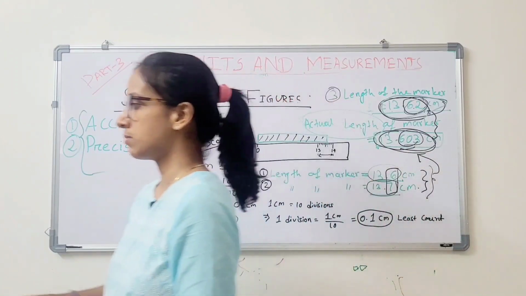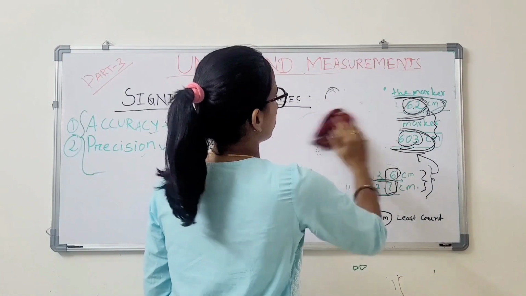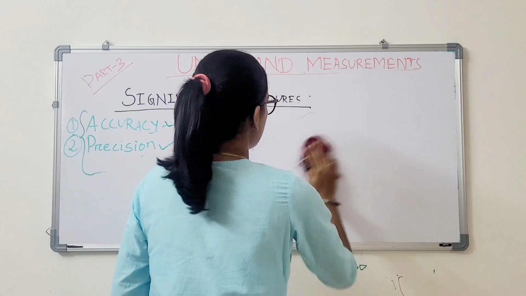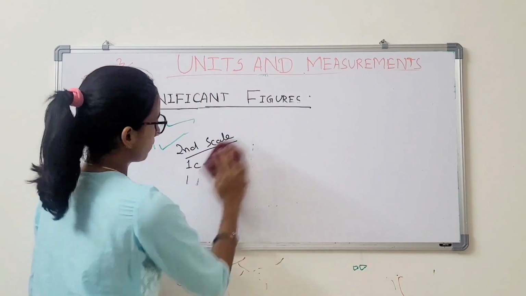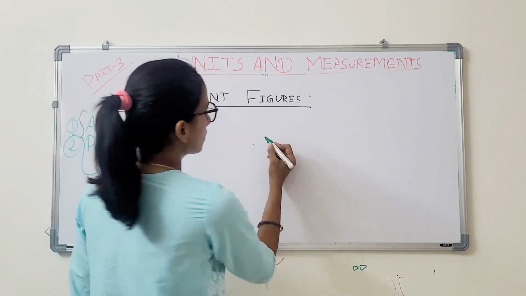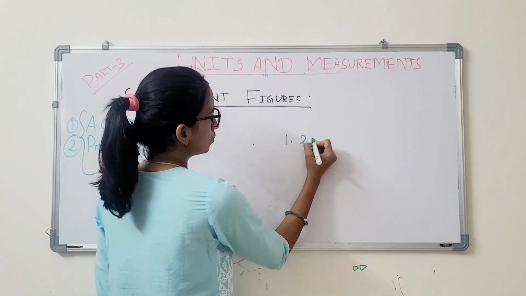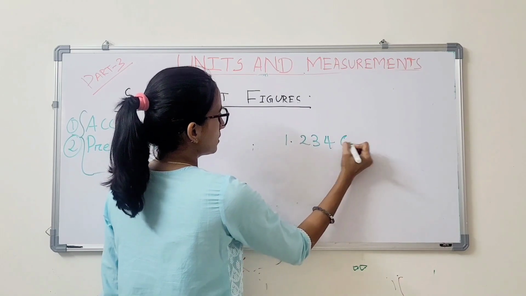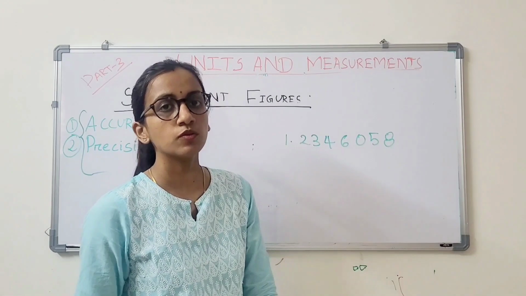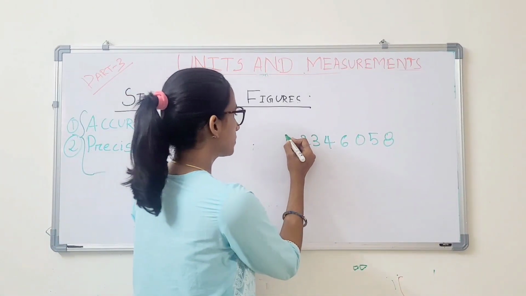But what happens sometimes? Sometimes while taking measurements, due to this precision, we get results like 1.2346058, long values. We use calculators and we can get this type of value.